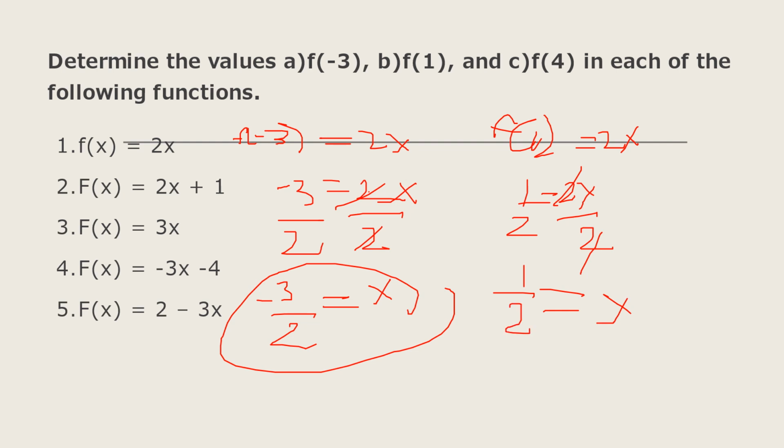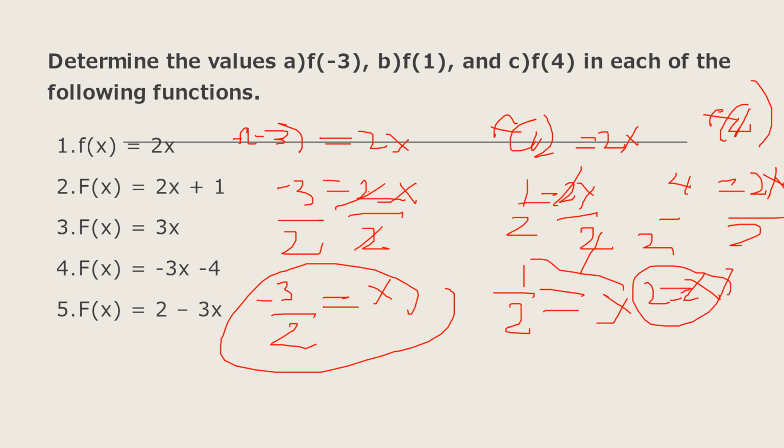What about f of x is equals to 4? Now, so 4, we have 4 equals 2x divided by 2. Therefore, x is equals to 2.